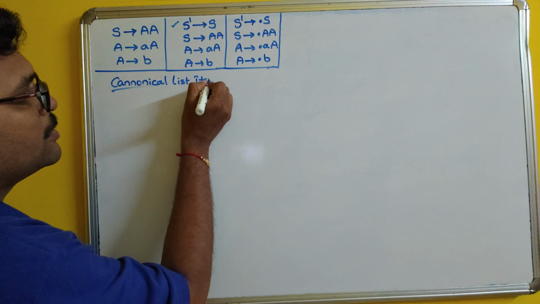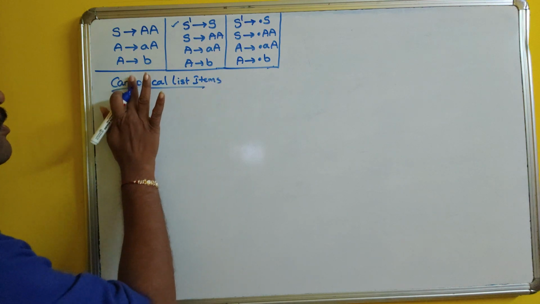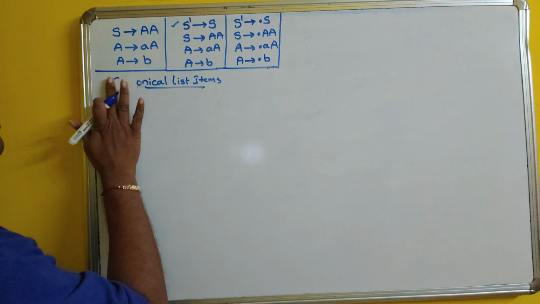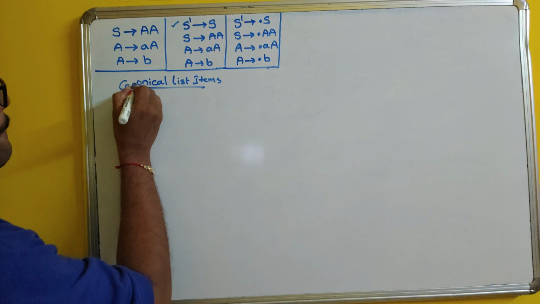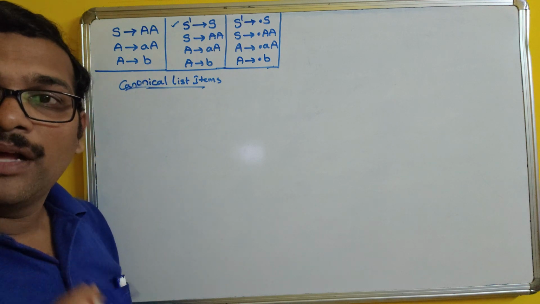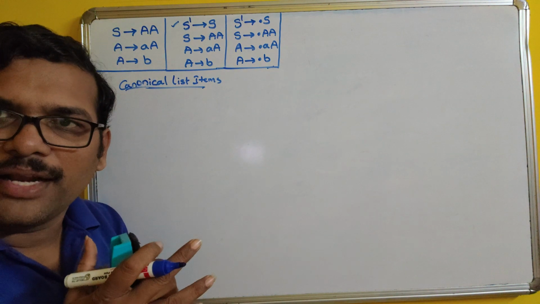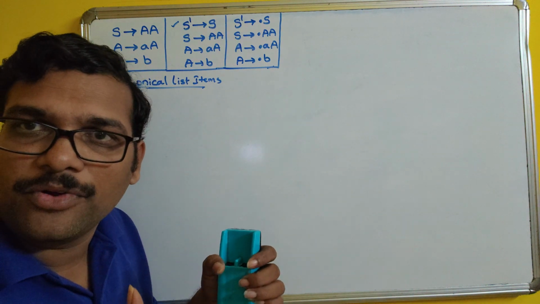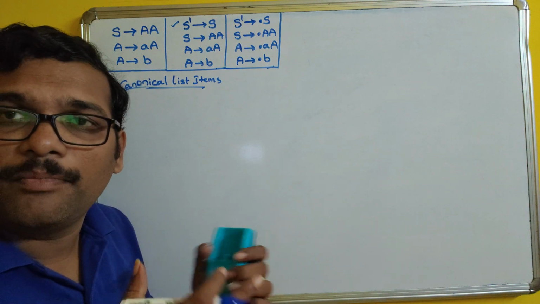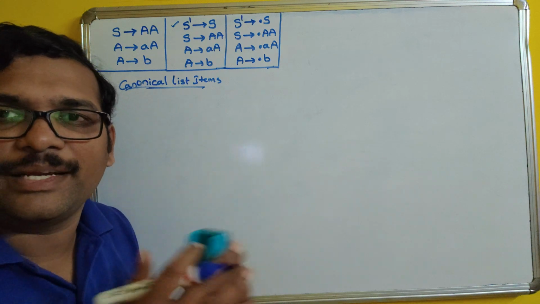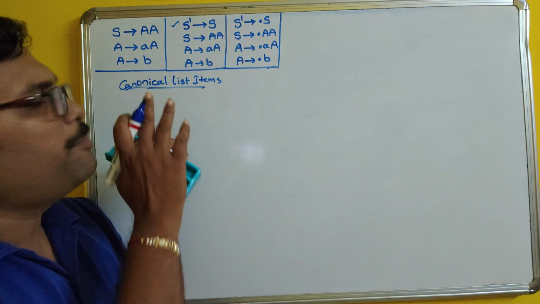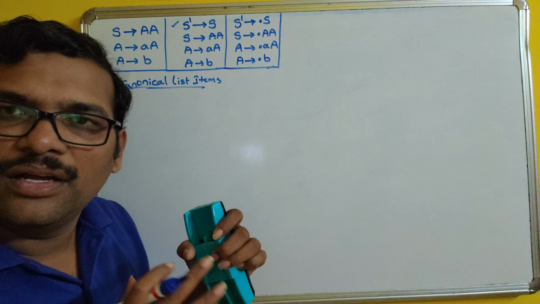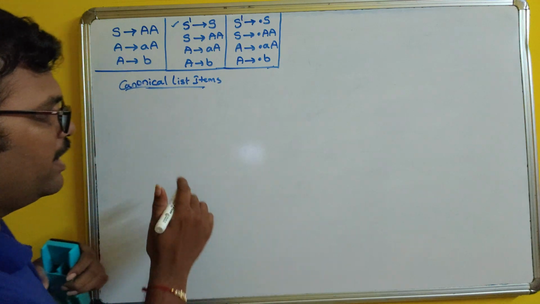Canonical list items. Now you can draw the flow chart. Okay, it will be very good. So not a flow chart, it's a data flow diagram. So you can draw the data flow diagram, or simply you can write down the steps. So this is a simple production, so I'll go with the data flow diagram.